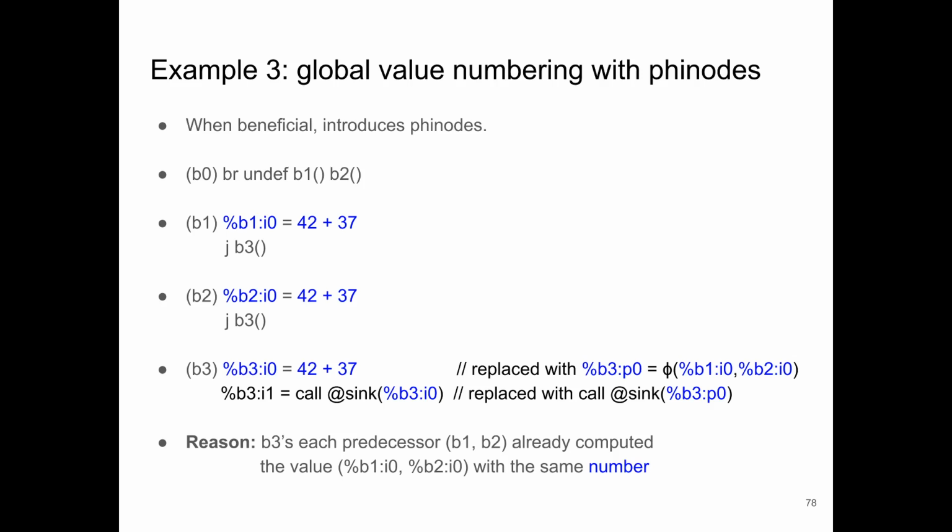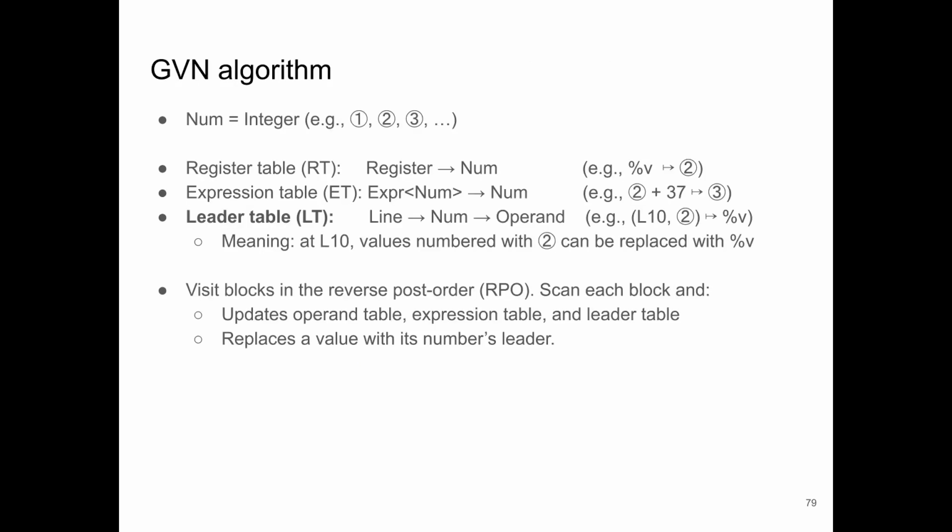Okay, here are the examples we want to cover in this course. Here's an algorithm that explains what's going on in the GVN optimization at a higher level. First of all, before delving into the explanation of the algorithm, we're going to define a set of numbers.